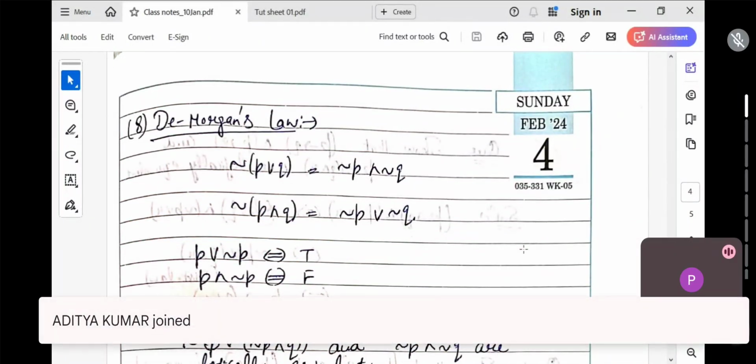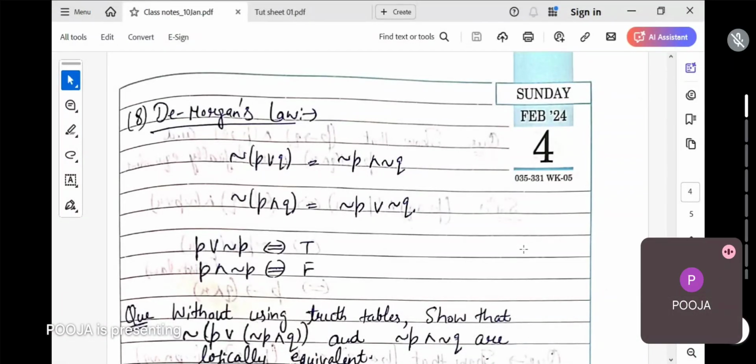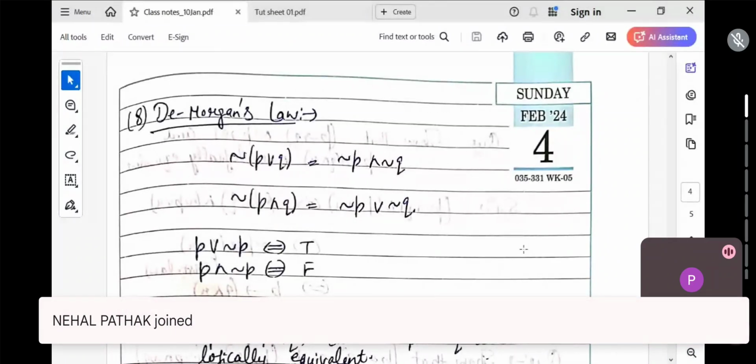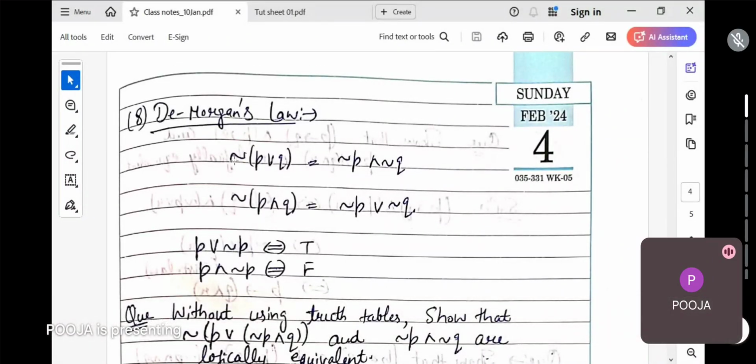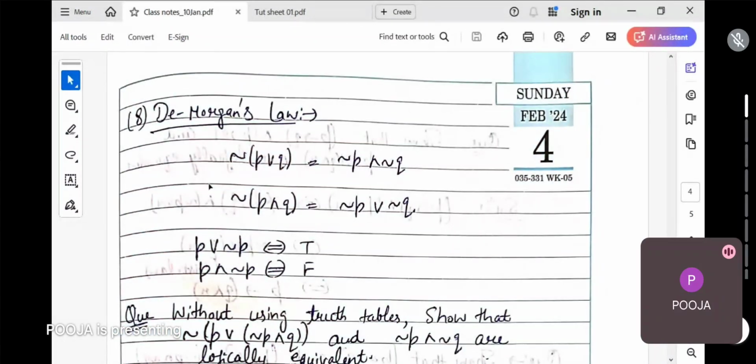The eighth one is De Morgan's law. De Morgan's, as in set theory, talks about the complement. The complement of the union is actually the intersection of the complements. In the same way, the negation of the disjunction P disjunction Q is negation of P meet negation of Q. So disjunction's negation is meet, conjunction's negation is join.